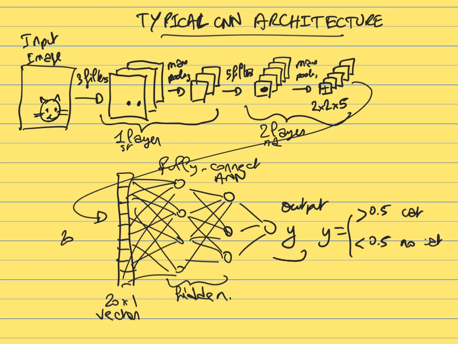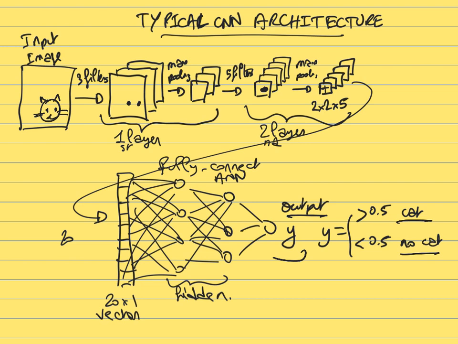And at the end, depending on whether your output has been activated enough or not, if there is enough signature of a cat, or not enough signature of a cat, then your model will predict whether it is a cat or not a cat. So that's going to be the main idea of a convolutional neural network.